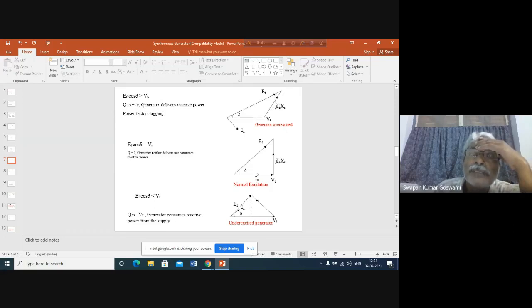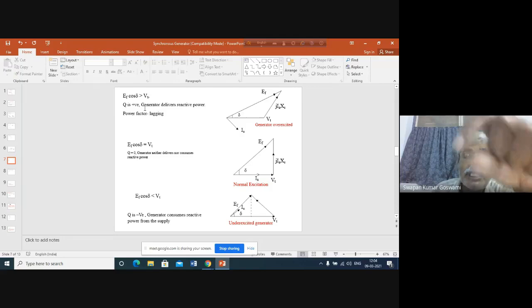We have written the expression for P plus jQ. That means, if you remember, from the phasor diagram we derived the equivalent circuit, and there we developed the active and reactive power equations. Which active and reactive power? Active power delivered by the generator and reactive power also delivered by the generator. When the reactive power is delivered by the generator, we say that is positive reactive power.